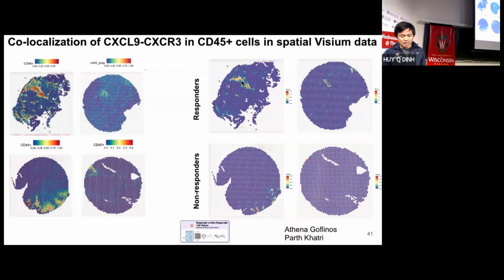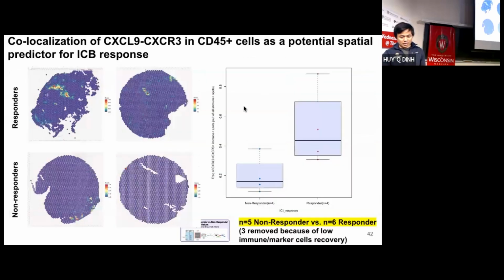But there seem to be CXCL9 immune cells and CXCR3, and we know from single cell that they are colocalized in the T cell. So quantitatively, we asked, because we have a little bit more than 4 samples, about 11 samples, but we had to remove 3 because of the low immune and marker cells that we could recover.